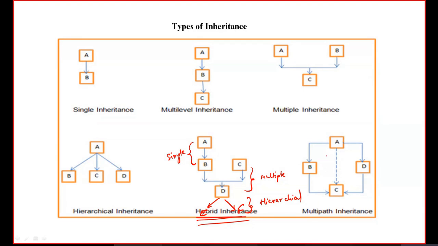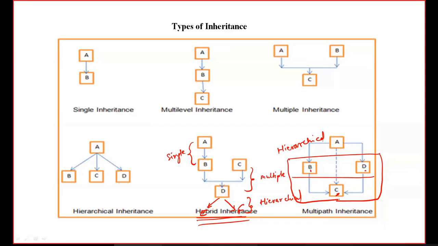And the last type, actually it's not a type, but we can consider it as hybrid inheritance itself. Indirectly, we have multiple paths to derive a single class. Fine. So this is class A, which is deriving class B and D, and then B and D are collectively deriving class C. So we have multiple paths to derive class C. But this is again an example of hybrid inheritance, because the upper portion is hierarchical, and the portion below it is multiple inheritance.